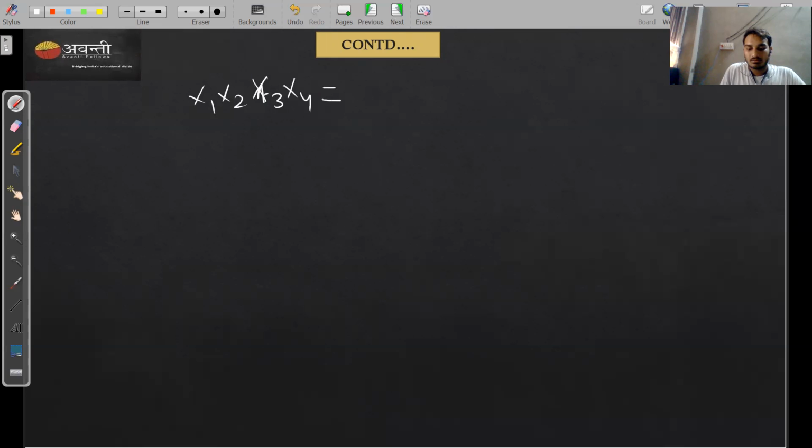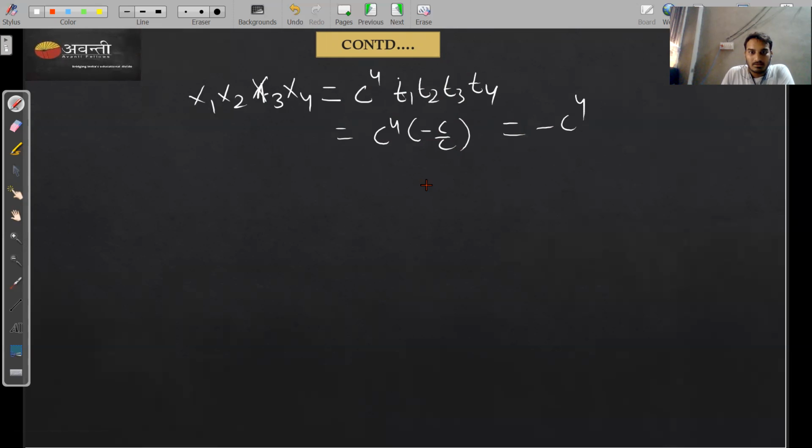It is ct1, ct2, ct3, ct4, that is c raised to the power 4 times t1 t2 t3 t4, yes or no? And t1 t2 t3 t4 is the product of roots of that equation, right? So c raised to the power 4 times minus c by c, which is minus c raised to the power 4. So the product of roots is minus c raised to the power 4, right?